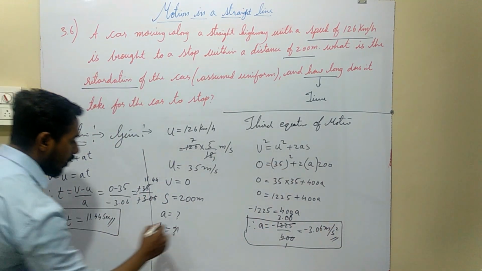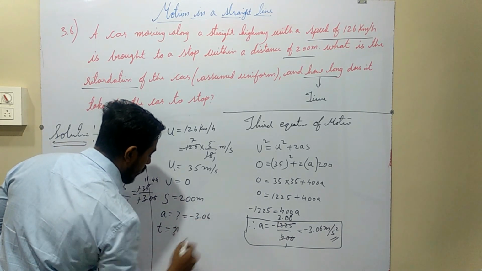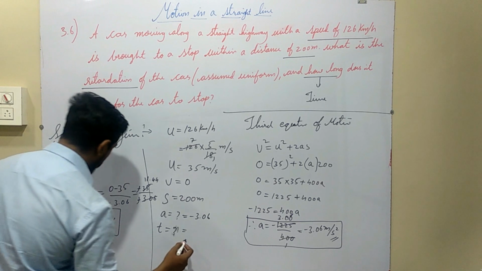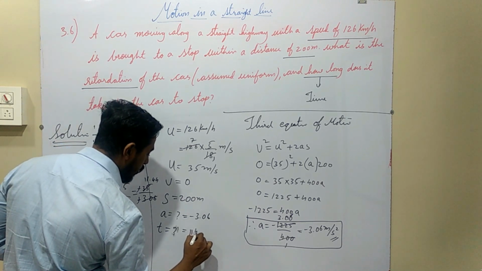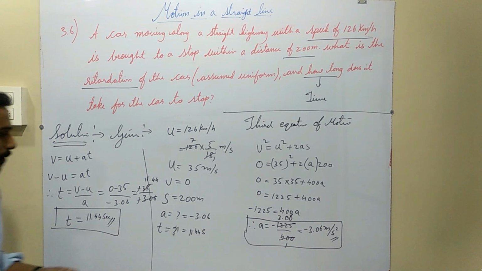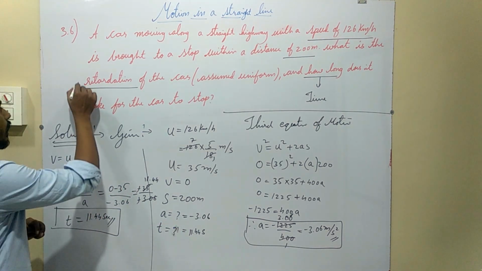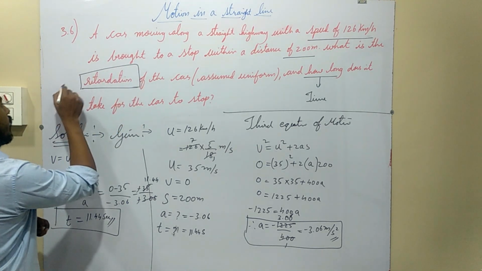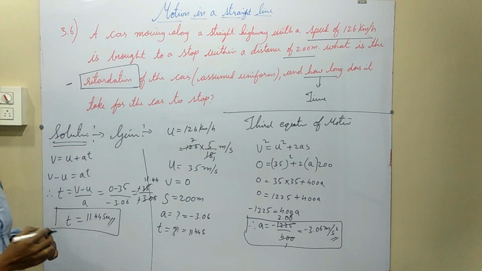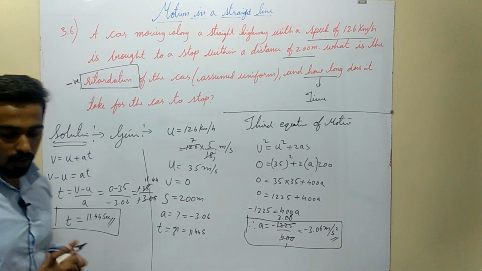Together I will write here: a value is minus 3.06 and time is 11.44 second. And always remember, whenever retardation comes, retardation will always be negative. Okay, moving to the next question now.